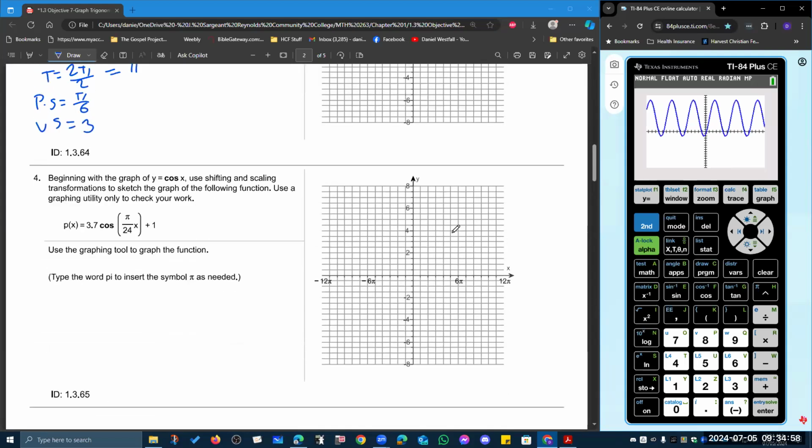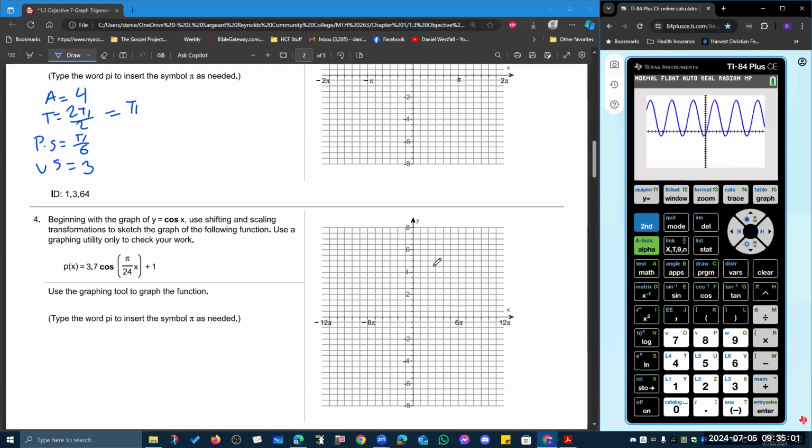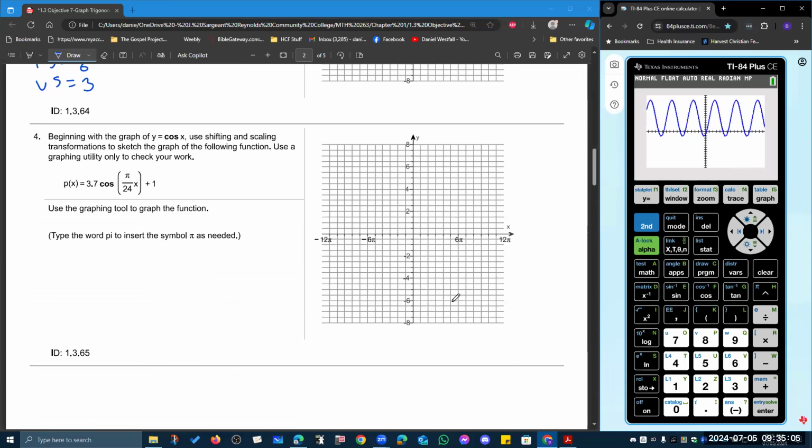Looks like we're going to need to adjust our x-axis on this next one here. So p of x is equal to 3.7 cosine of quantity pi over 24x plus 1. So our amplitude is 3.7.